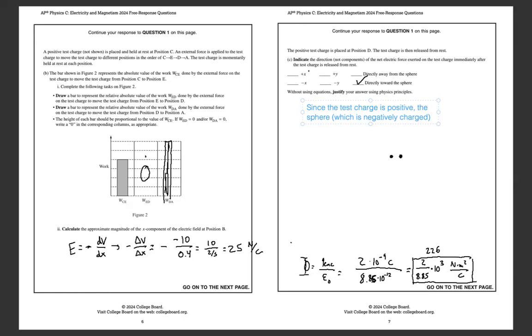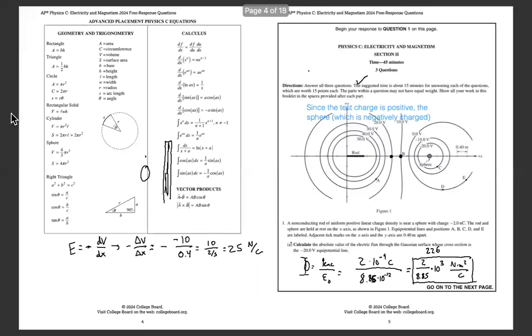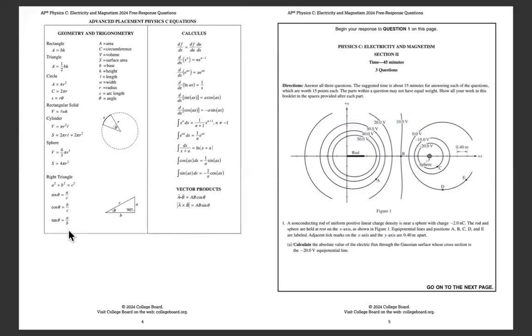is, ooh, this is weird because if you go back to the picture, right? Let me just erase all of this here. If you go back to the picture here, you place a test charge at point D. What's going to happen is it's going to actually experience two forces.